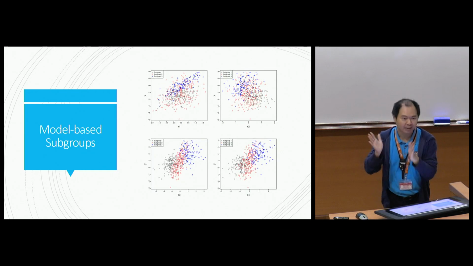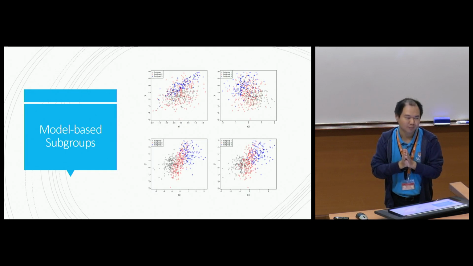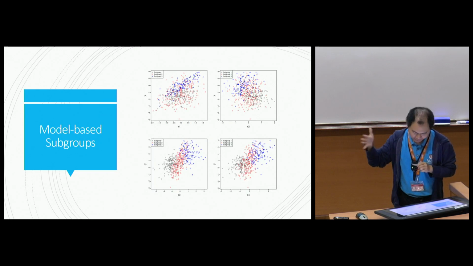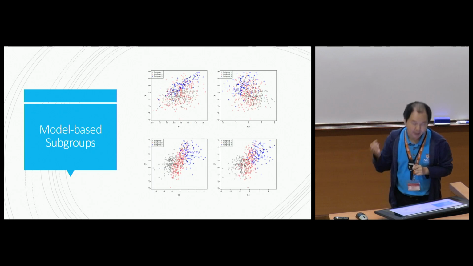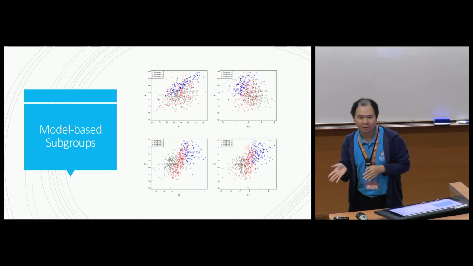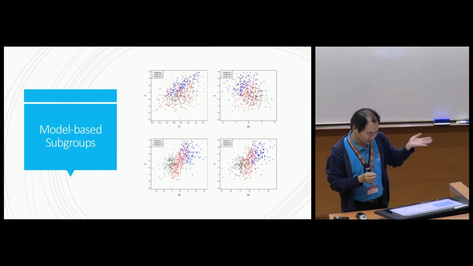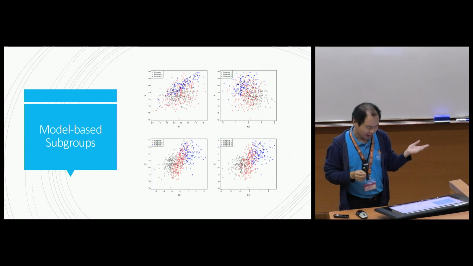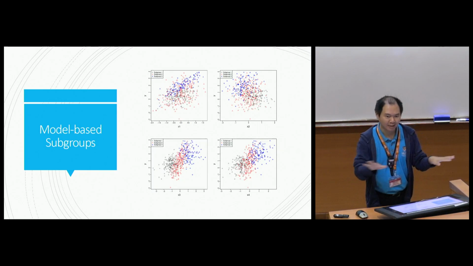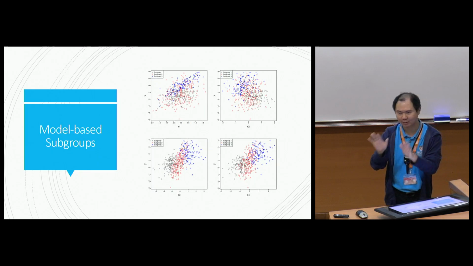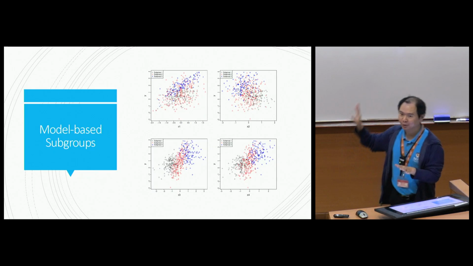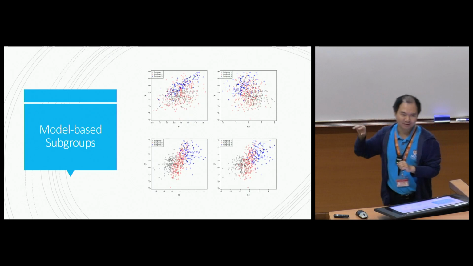The y-axis is the same, the response variable, and the x-axes are 4 predictors, x1, x2, x3, and x4. Those 4 predictors are used to generate the response variable y. We are designing the experiments, so we know who is from group 1, who is from group 2, and so on. We have 3 groups in this simulation setup.